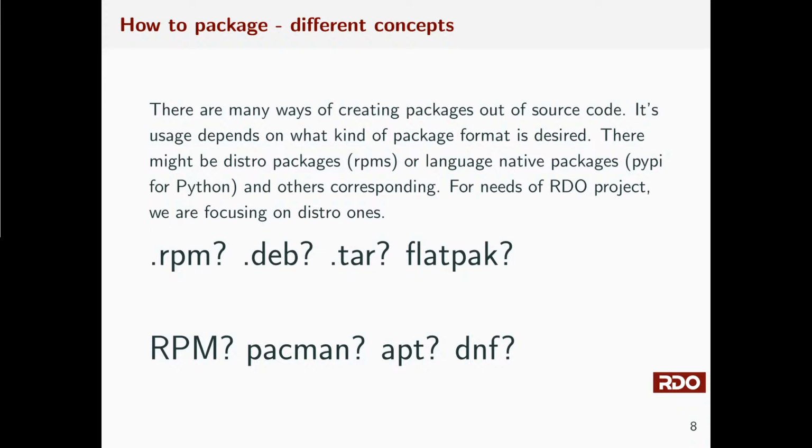But inside the distro package family, there are also many different formats like RPM, deb, tar, flatpaks, and a bunch of them, and they can be built and managed by other package managers like RPM again, Pacman, APT, DNF. I think it's no surprise when I say that in the RDO project, we are using the Red Hat Package Manager.